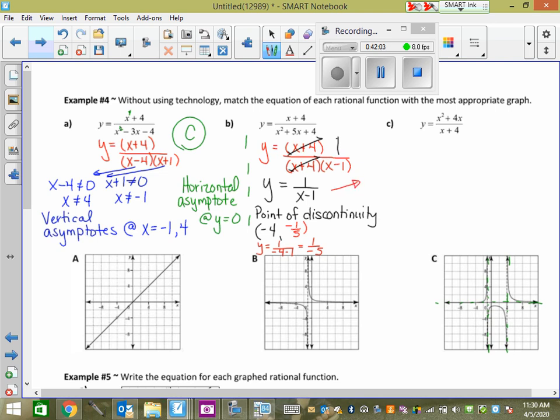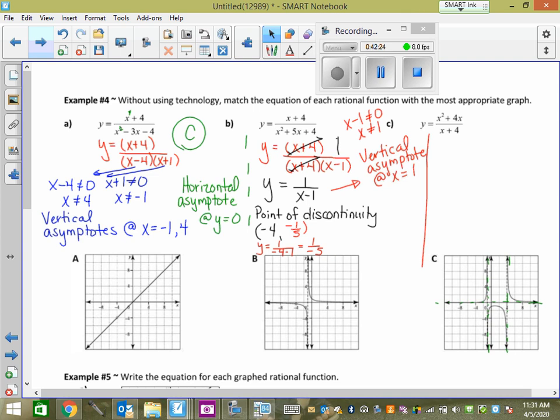I still have a rational left over. If I have a rational left over, I have asymptotes. So I have a vertical asymptote, where? Well, I go x minus 1 cannot equal 0. It's the factor that's left over. x cannot equal 1. So at x equals 1, I have an asymptote. The numerator of the canceled form is x to the 0 over x to the 1.